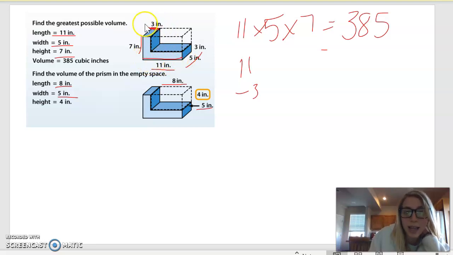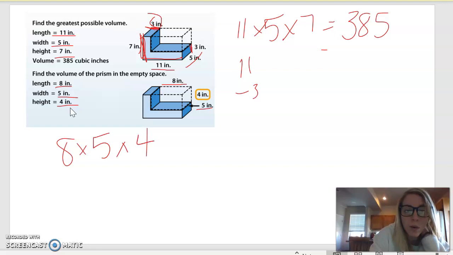So it would be 11 minus the 3, which gives us 8. And then the height, we have 7 here, which was our original height, and they gave us this little tiny height here, so we have to do 7 minus 3 to give us 4. So the second one, they gave us 8 times 5 times 4, which we know is 40 times 4 equals 160.